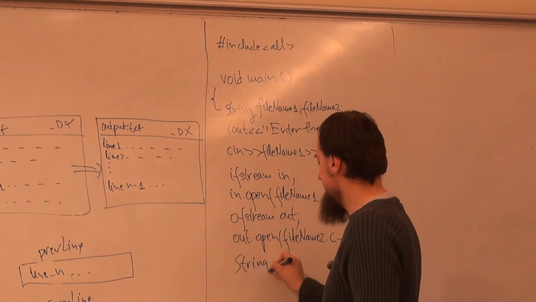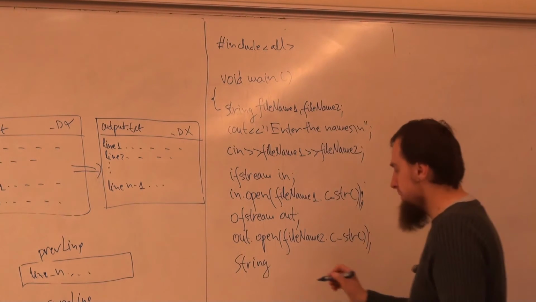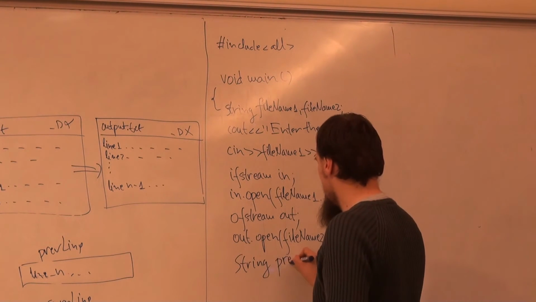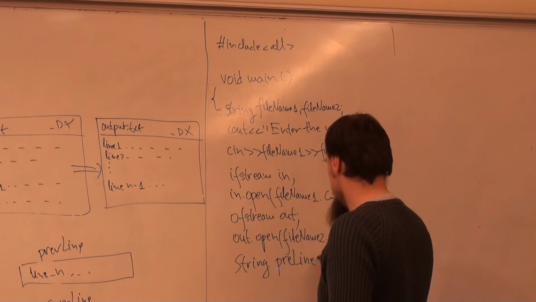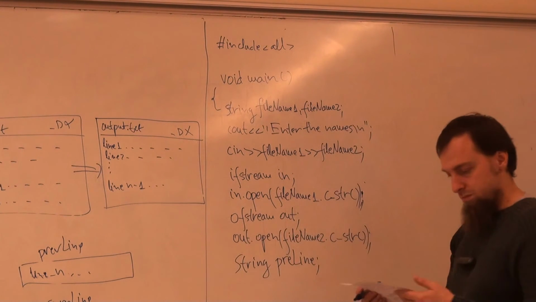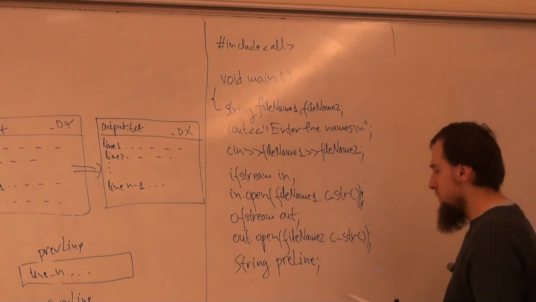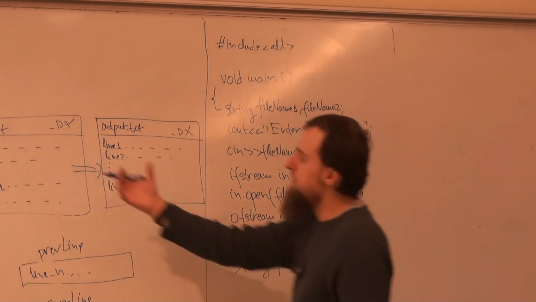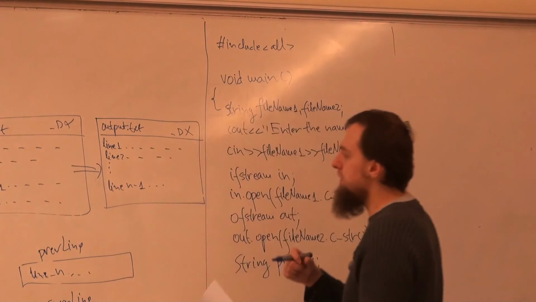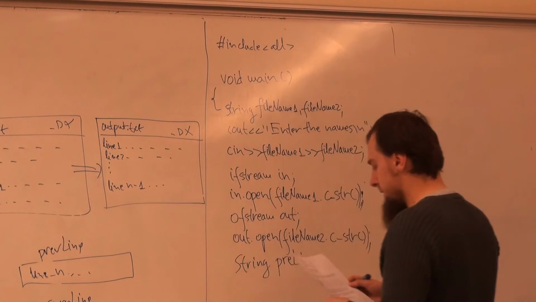So string previous line. Then I'm using the getLine function to get lines, and if I can get a line, I'm writing it to the previous line.